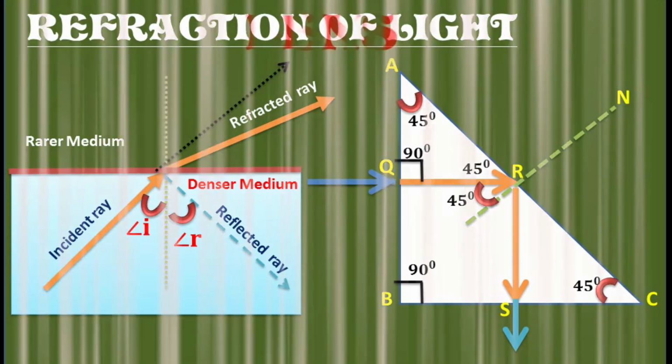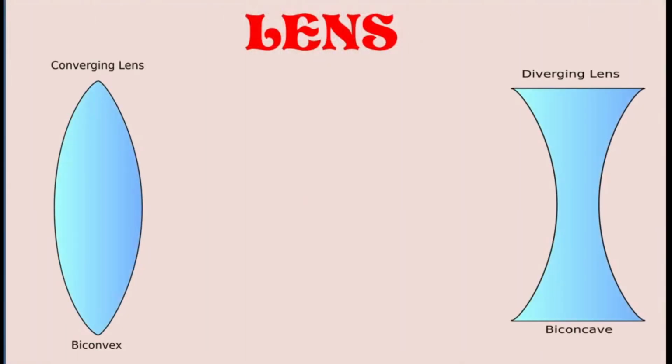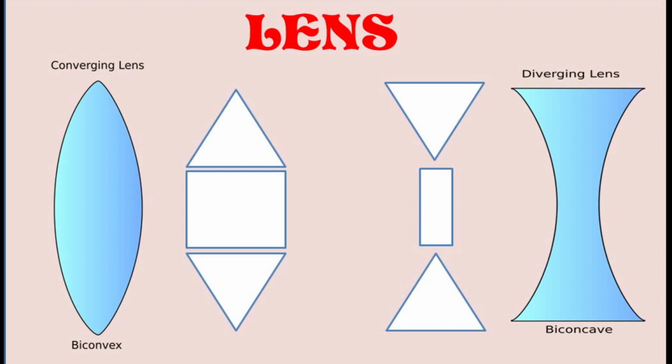Let us consider a lens as being made up of a set of prisms as shown in figure. Look in the diagram. Lens can be considered as being made up of a rectangular slab at the center and one prism on either side of this rectangular glass slab.